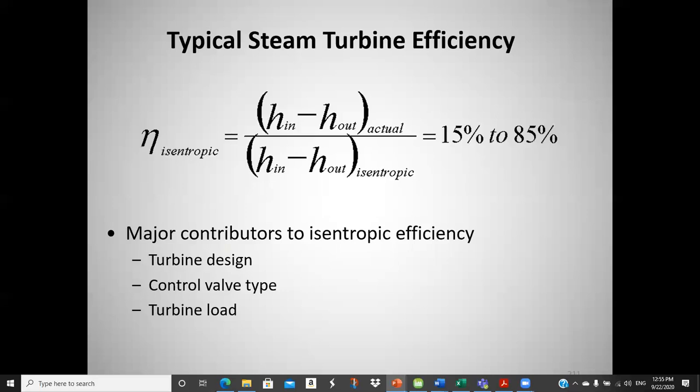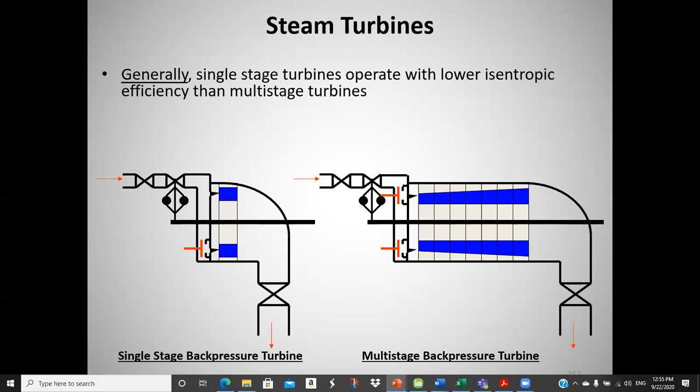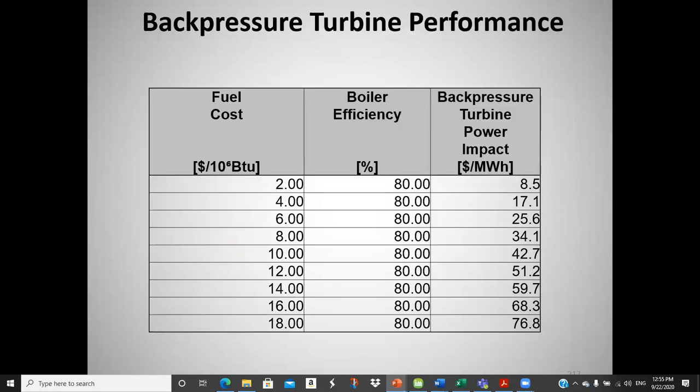The major contributors are turbine design, control valve, which is a discussion beyond this class, and then turbine load. Generally, single-stage turbines operate with lower isentropic efficiency than multi-stage turbines. The bigger turbines with multi-stages are better. Backpressure turbine performance.